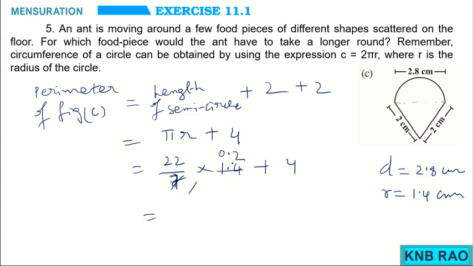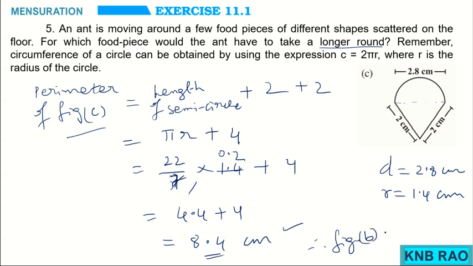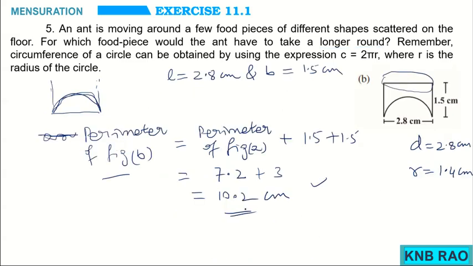So 22 into 0.2 gives 4.4 plus 4 gives 8.4 centimeter being the perimeter of figure C. Now amongst this A, B, C, which was the longer? So I can say, therefore figure B is longer. Why is figure B longer? Figure B is of 10.2 centimeter. For that reason it is longer.